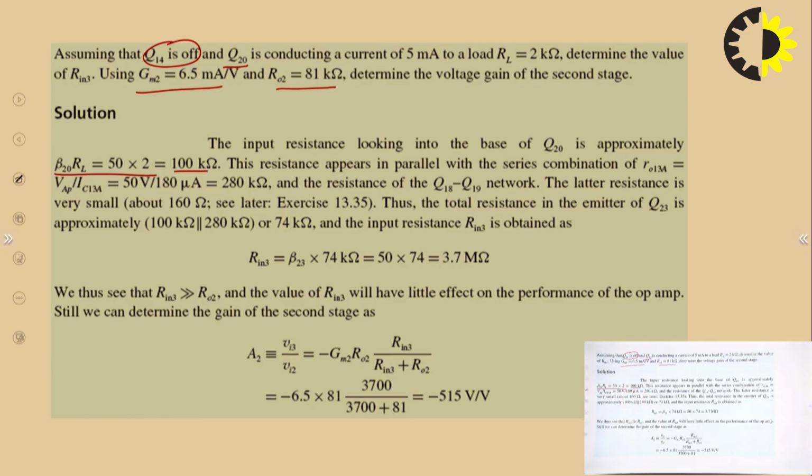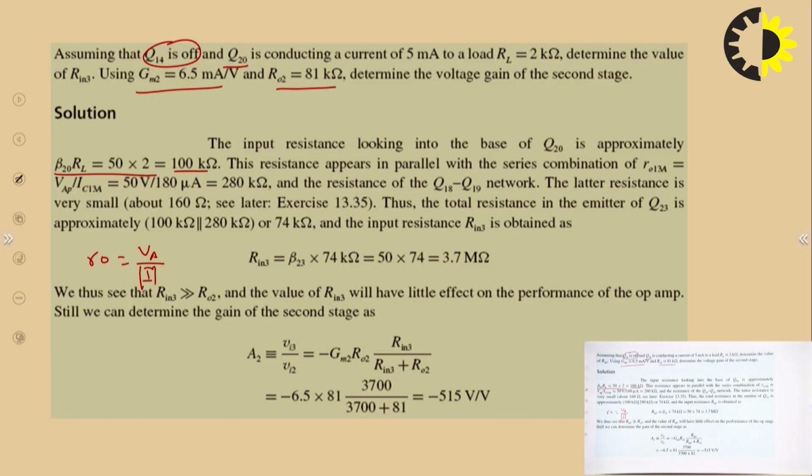This resistance appears in parallel with the series combination of Q13A. So for Q13A, RO13A is R0, you know R0 is equal to VA upon IC. So we know these values, and we can find that it is equal to 280 kilo ohm. The resistance of the Q18 and Q19 network is very small in comparison to 160, which we have already found out.